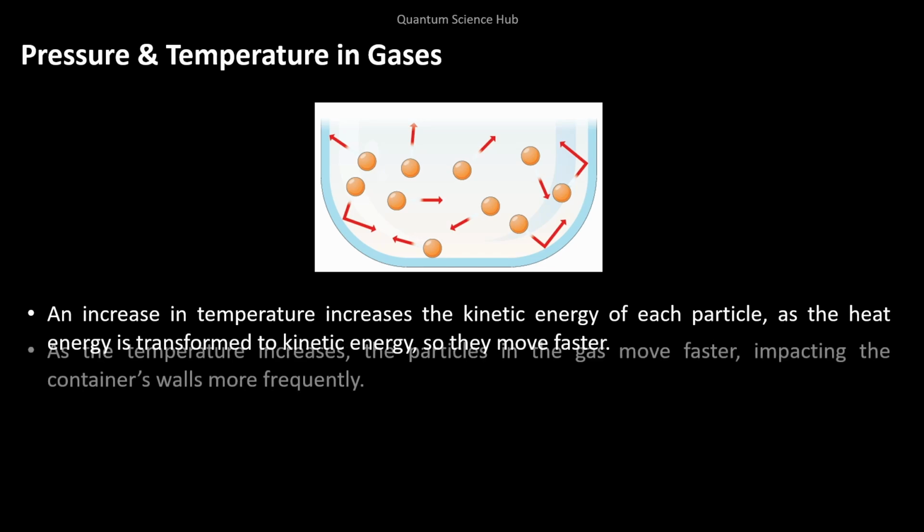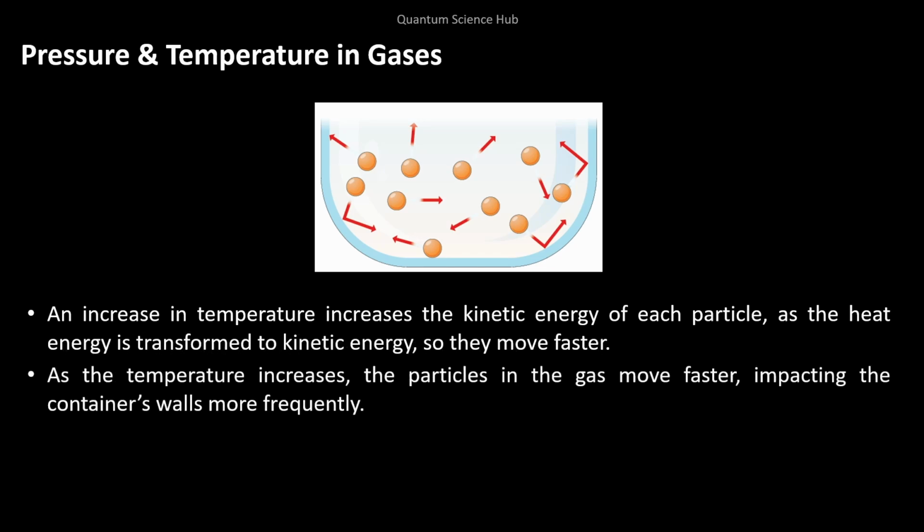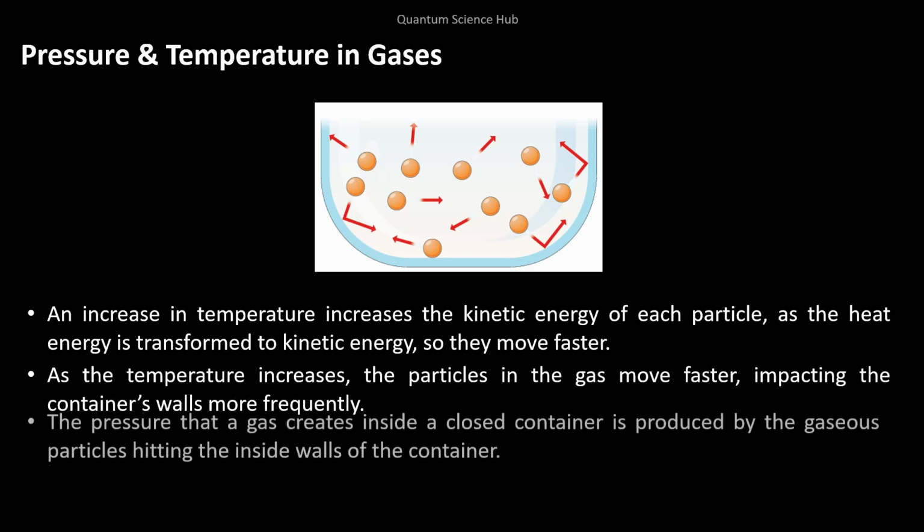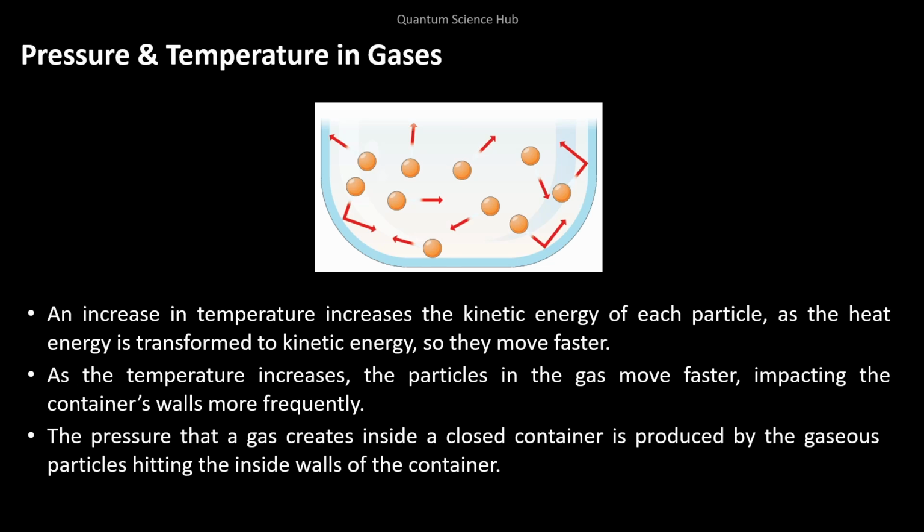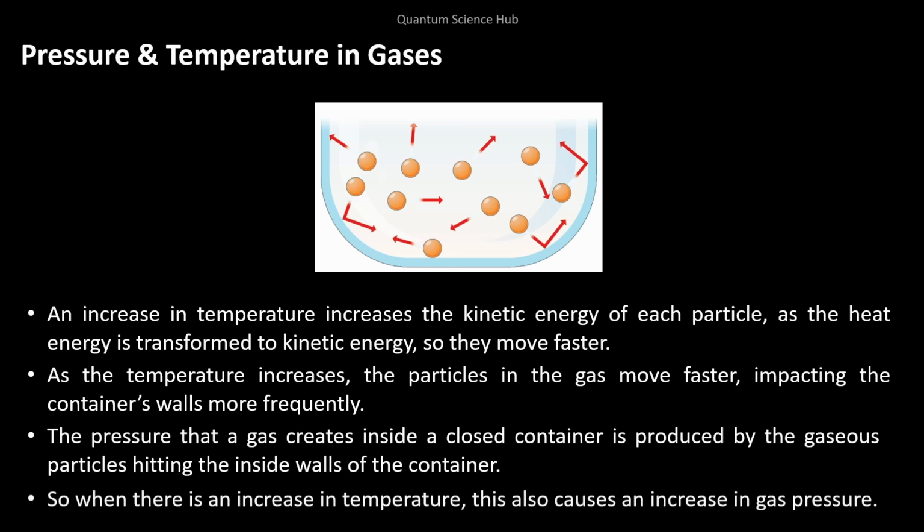As the temperature increases, the particles in the gas move faster, impacting the container's walls more frequently. The pressure that a gas creates inside a closed container is produced by the gaseous particles hitting the inside walls of the container. So the conclusion here, we can say that if there is an increase in temperature, this also causes an increase in gas pressure.